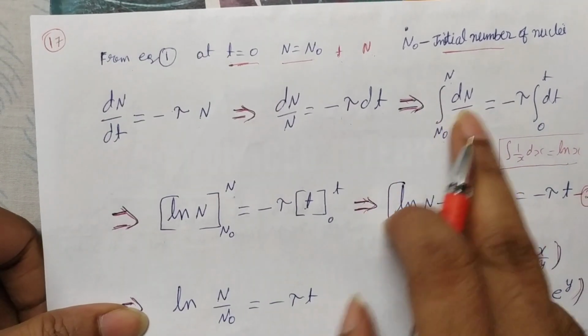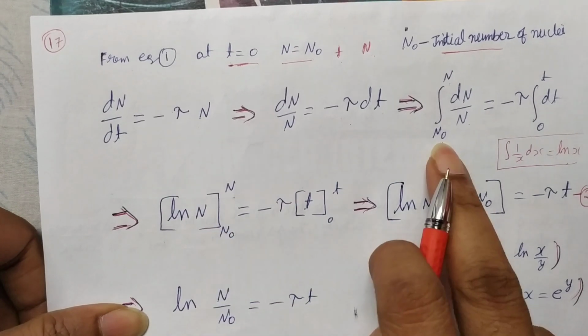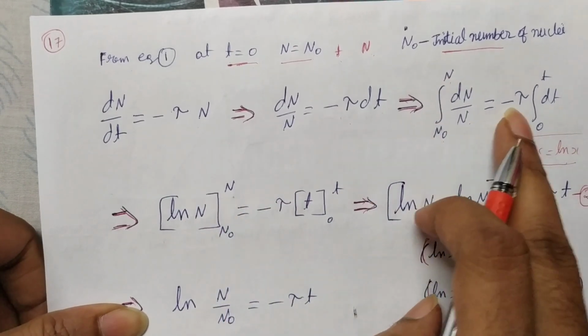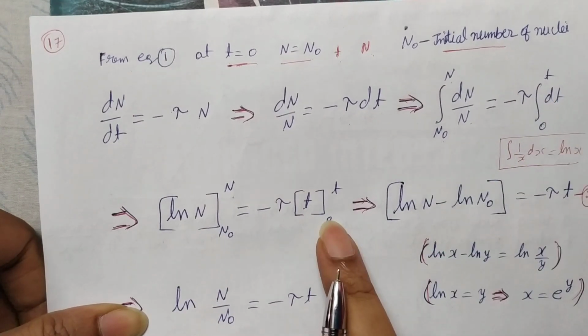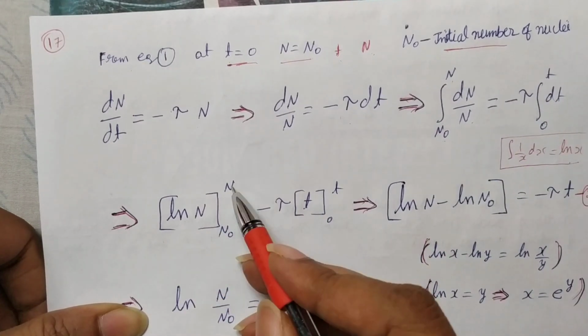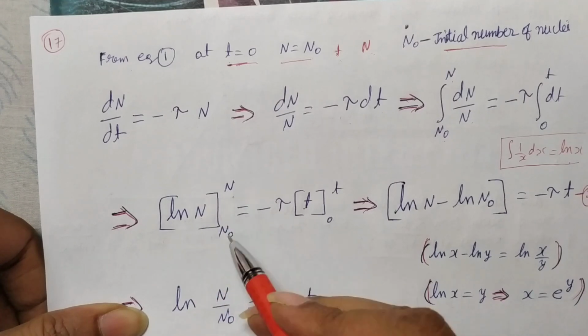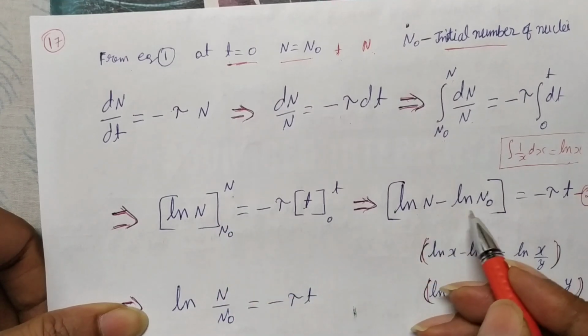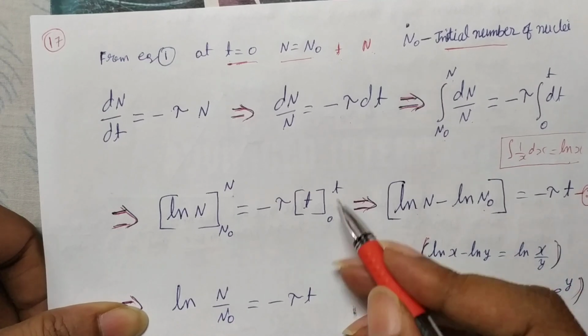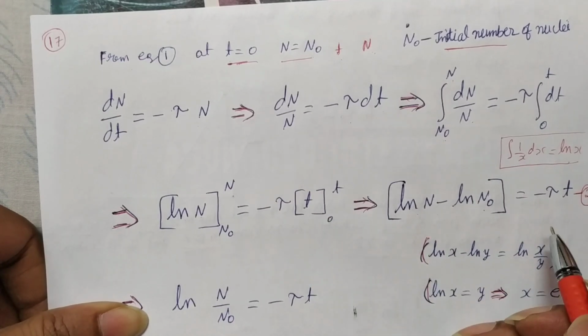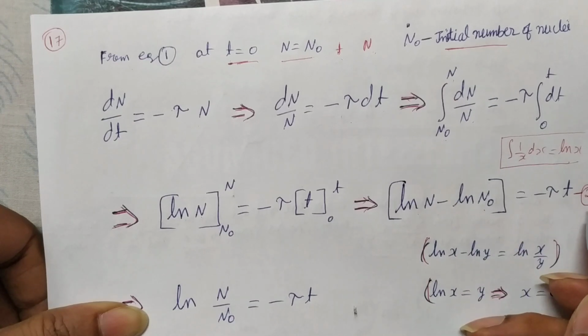Integral 1 by N dN is log N, with limits N naught to N. And on the other side, integral dt is t, with limits 0 to t. And substitute these limits. Here first put the upper limit minus the lower limit. Log N minus log N naught is equal to minus lambda t. Even if you substitute t minus 0, you get t. And this we can note as equation 2.